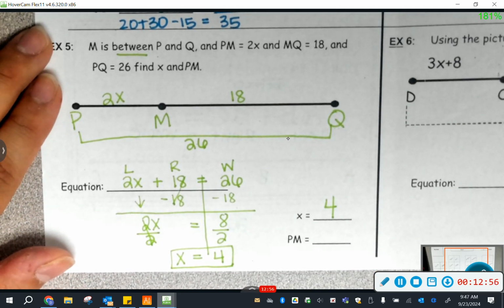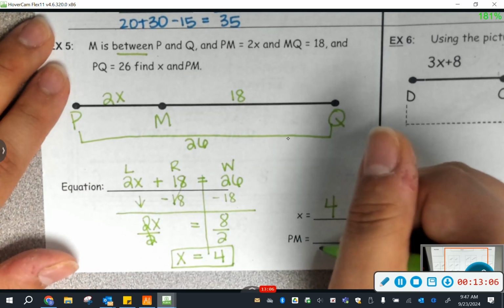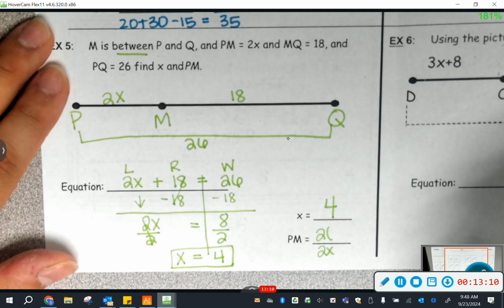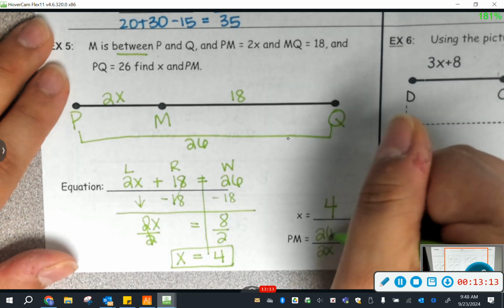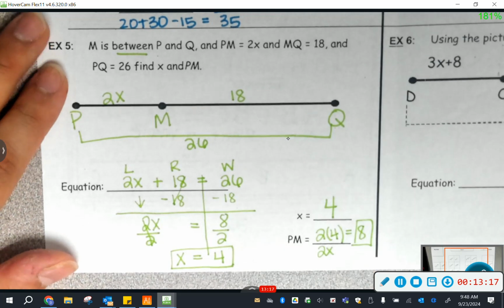Cool. How do I find PM? What is PM? Isn't PM 2x? But instead of writing x, what do we know x is? So what is 2 times 4? 8 is my answer.